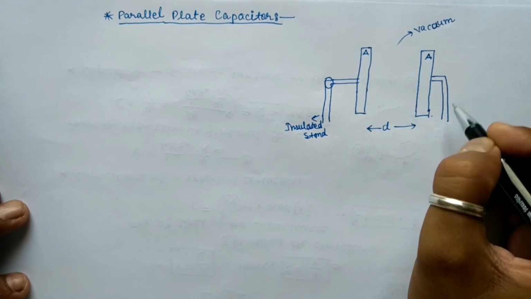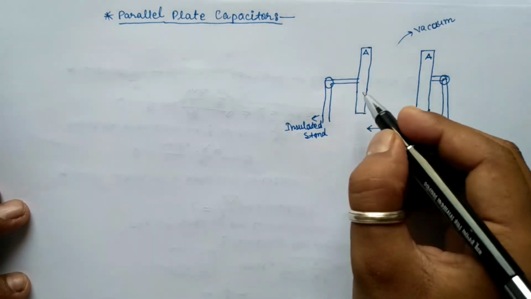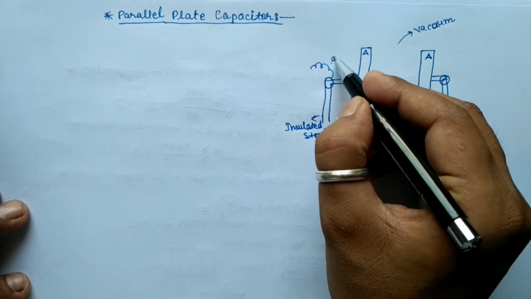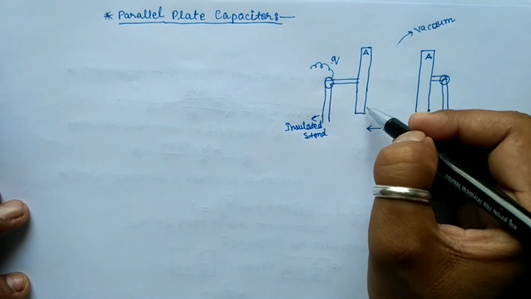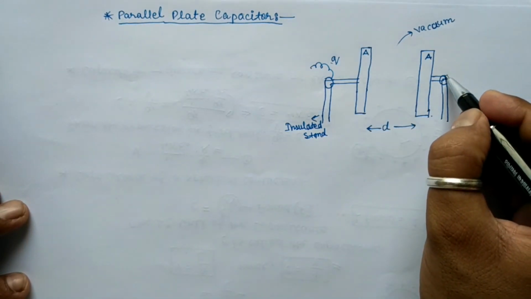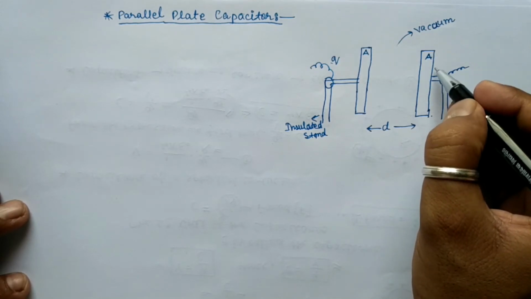Here, insulated stand. We put a charge Q on this plate, and charge minus Q on this plate.